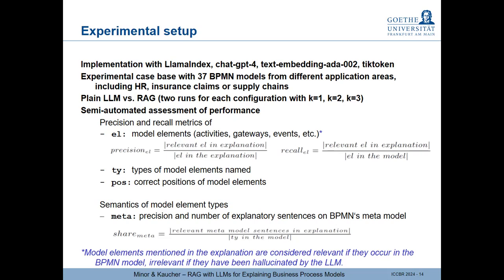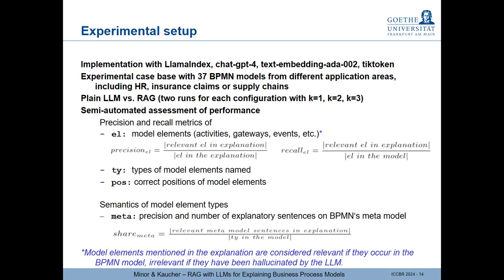And we compared our retrieval augmented generation approach with the naive LLM approach that I have shown on one of my first slides, and investigated several configurations of the RAG, one for the best matching case only, that means k equals 1, one for 2 best matching cases, and one for 3 best matching cases, in 2 runs of each configuration.